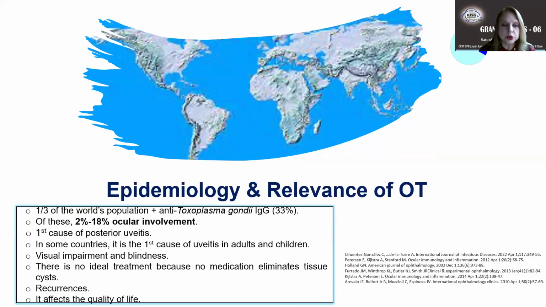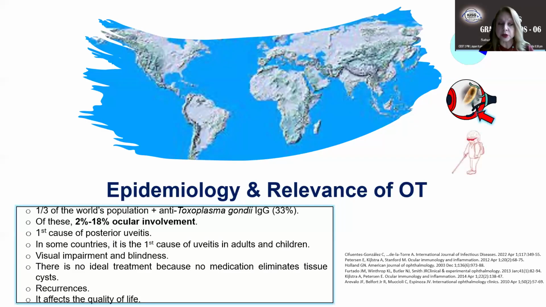Of these, 2 to 18% have ocular involvement. It is the first cause of posterior uveitis, and in some countries, it is the first cause of uveitis in general in adults and children.